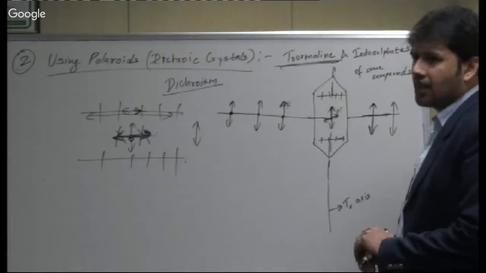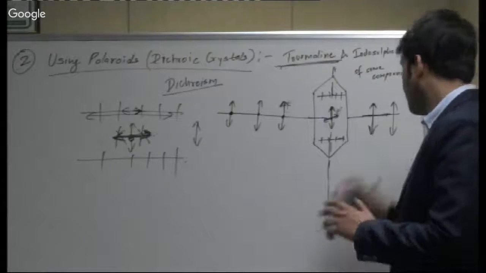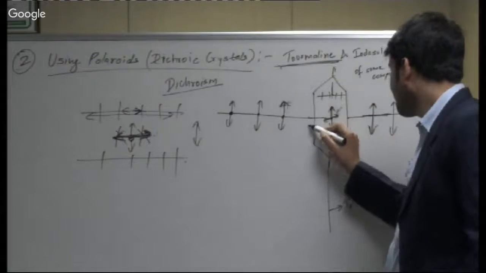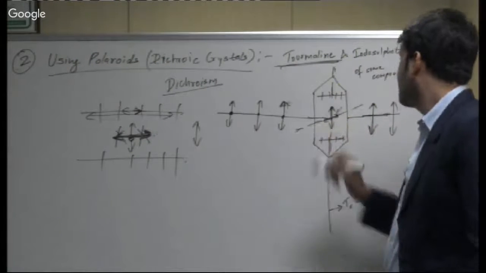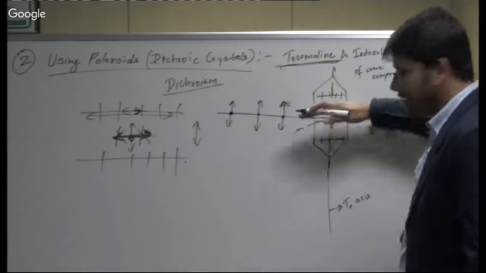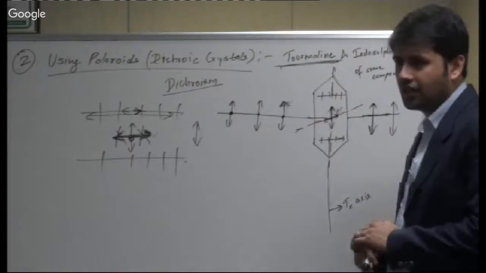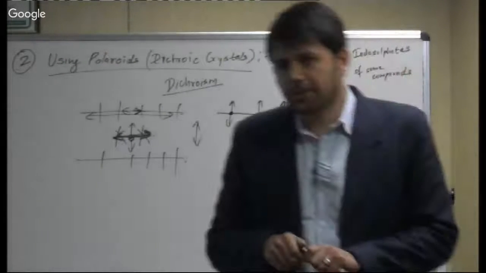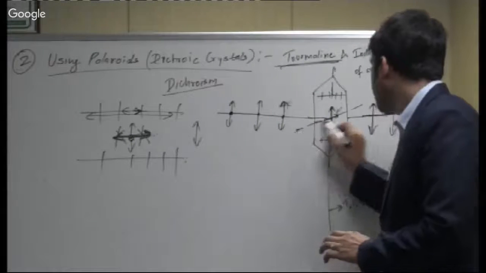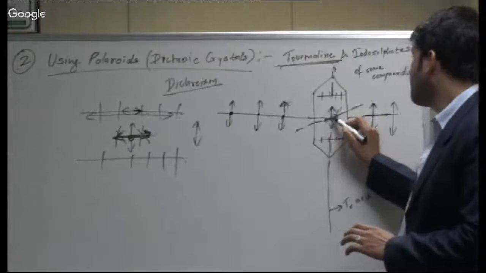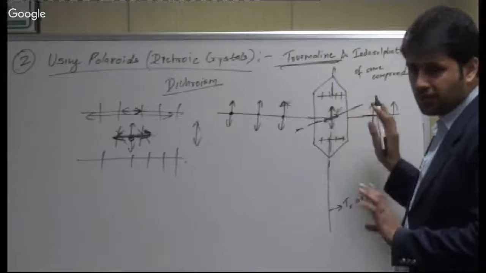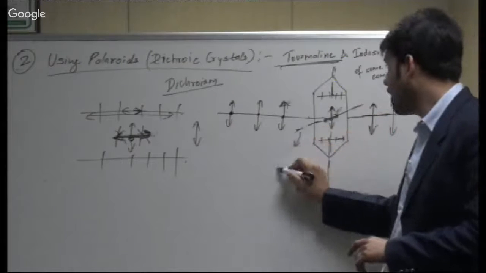Slicing like this into the plane but horizontal. In this plane, the oscillations which are parallel to this plane would be absorbed completely. This is called the absorption axis.